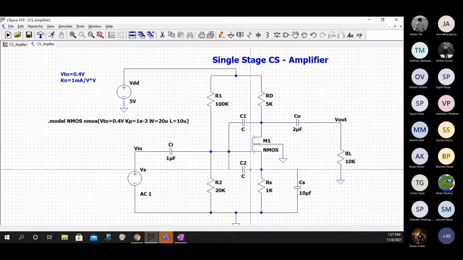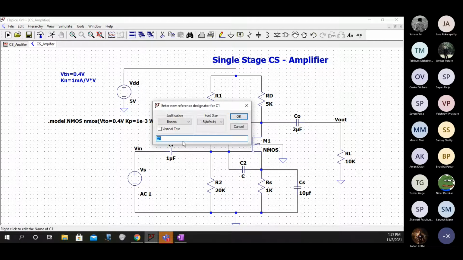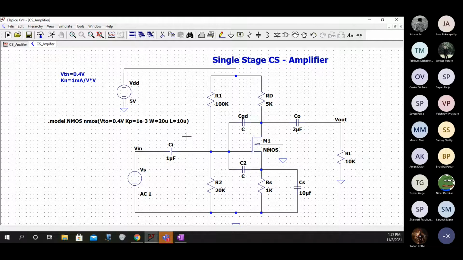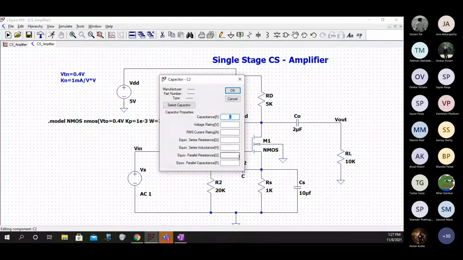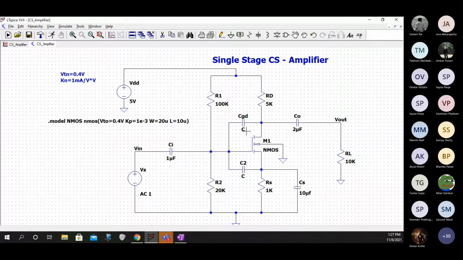So this capacitance is called CGD, that is gate drain capacitance, and this capacitance is called CGS.